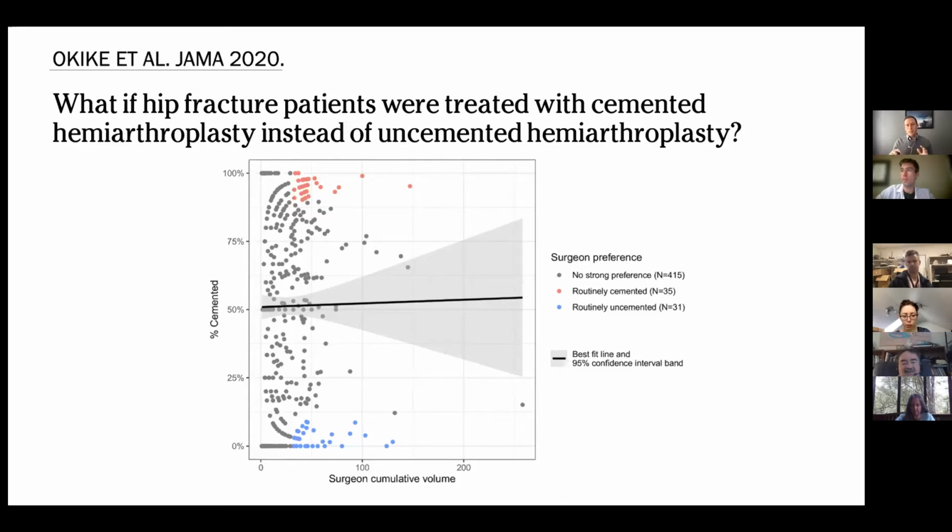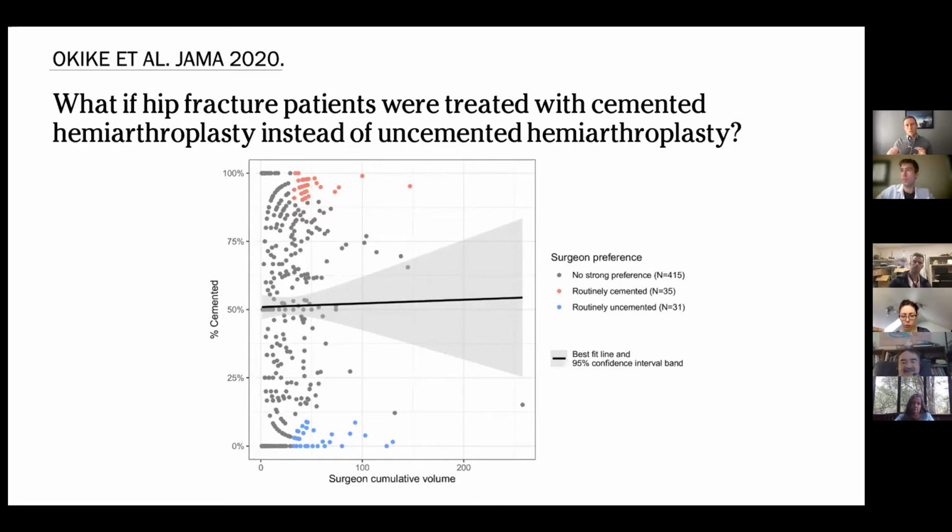So at a certain volume, they stratified their sample into essentially 3 different levels: strong preference for cement, strong preference for uncemented, and then the middle ground of no strong preference.